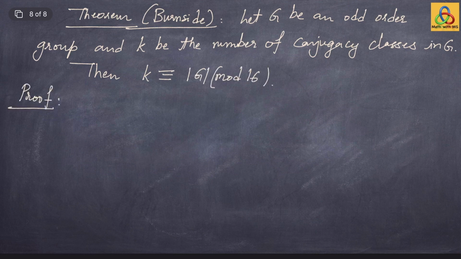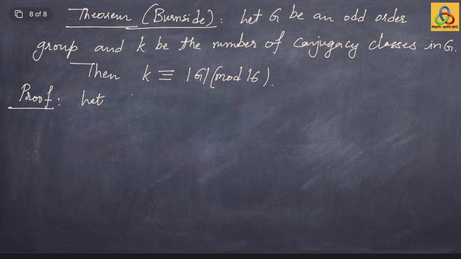We are going to use the preceding proposition that a group is of odd order if and only if it does not admit any non-trivial real conjugacy class, or it does not admit any non-trivial real irreducible character. So that means that the non-real irreducible characters, or equivalently non-real conjugacy classes, occur in pairs.